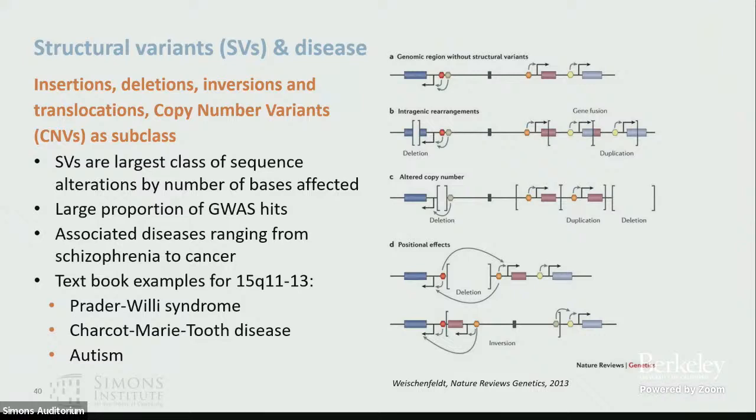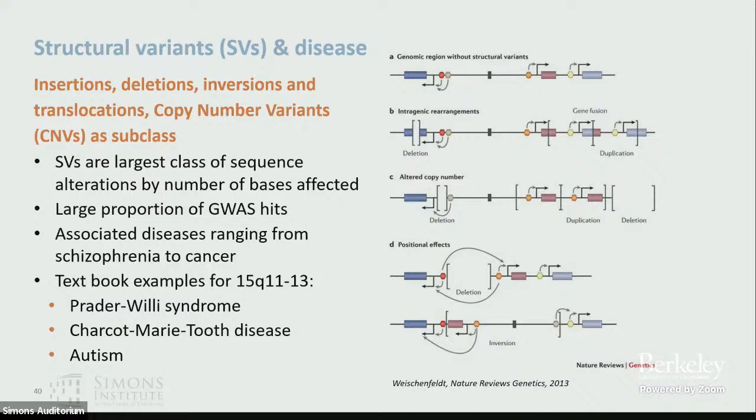But the fun fact that maybe not everyone is yet aware of is that if you just look by the number of bases affected, they are the class that describes the most differences between two individuals.